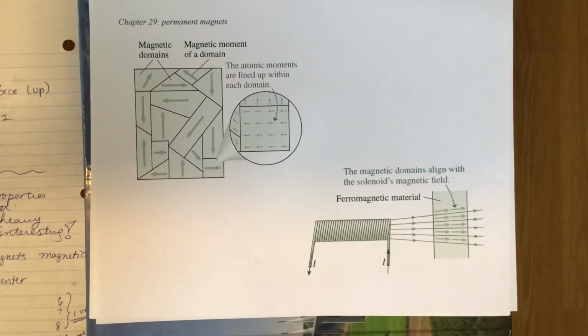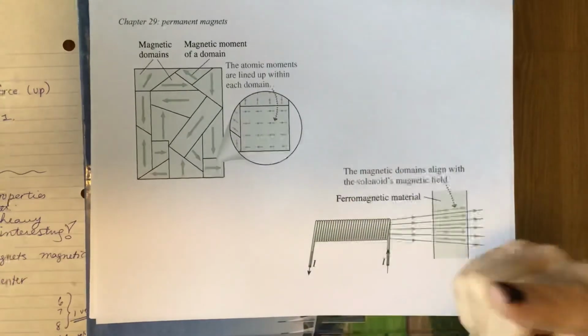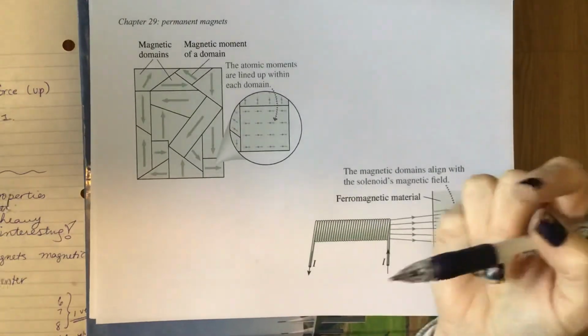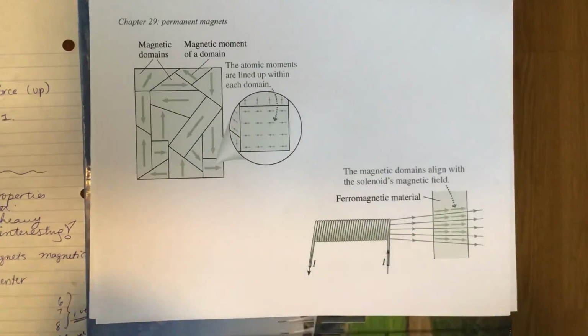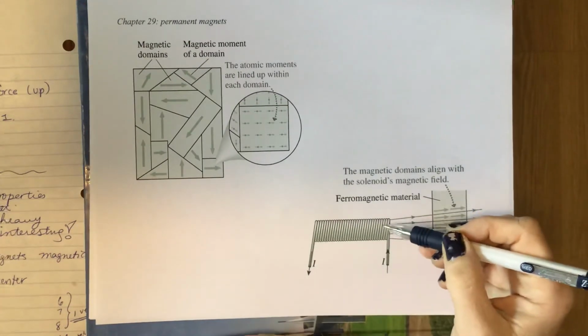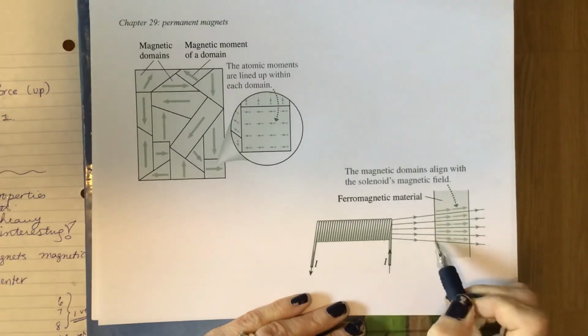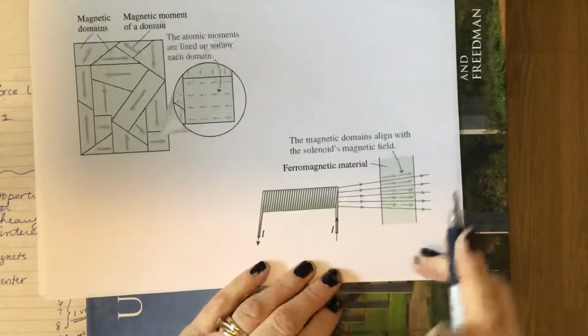On the flip side, you can also increase the magnetism of an object by inducing more alignment. So you lose the magnetism if you knock them out of line. You'll increase the magnetism if you put them in line. And that's in fact how an electromagnet works. So if you take a solenoid, that's our coils of wire, we know it makes a big magnetic field that's strong and constant.